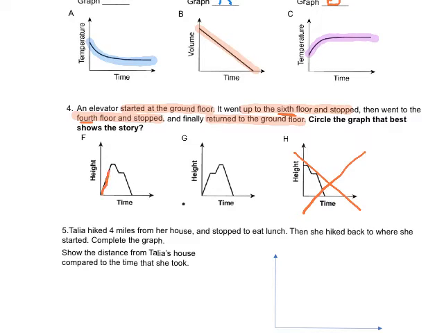This isn't going down, so it's seeming like this is my best choice. Let's see. Up to 6, wait, down to 4, wait, back to the ground floor. Yep, graph F.